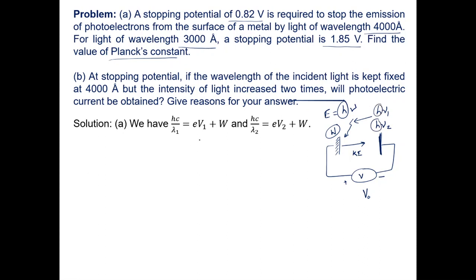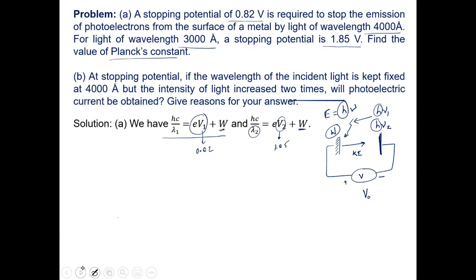So let's say in the first case, the light source has wavelength lambda 1 equals 4000 angstroms, the equation will be hc divided by lambda 1 equals E times V1, which is the retarding potential, and for lambda 1 of 4000, the retarding potential is 0.82, and for lambda 2 of 3000, the retarding potential is 1.85. The work function is fixed in both the cases.